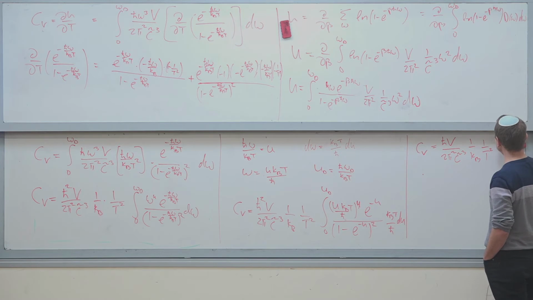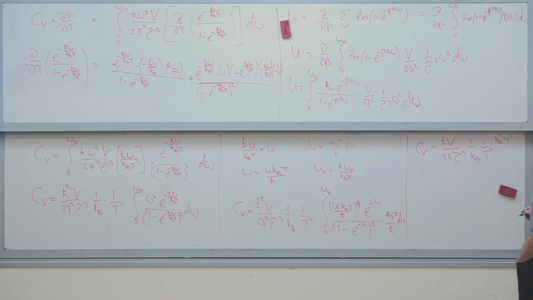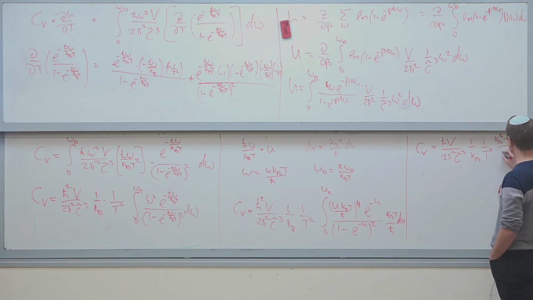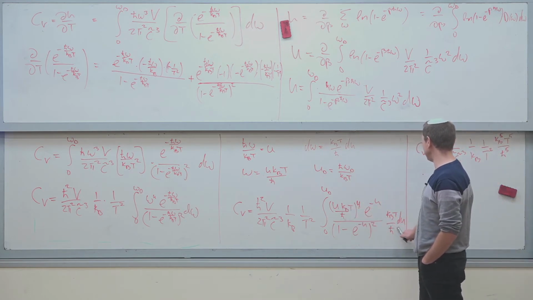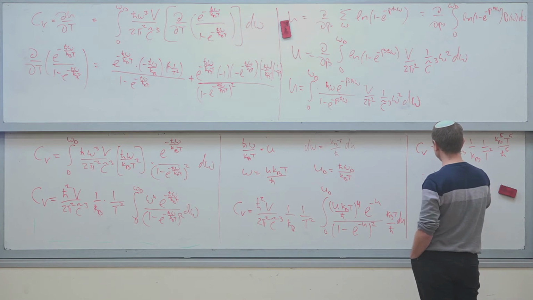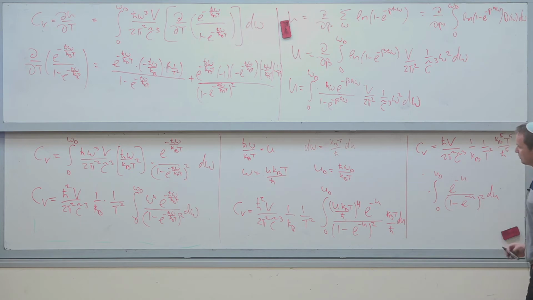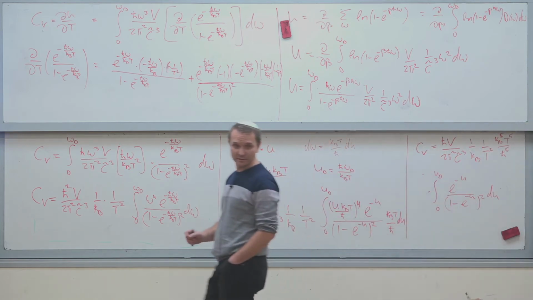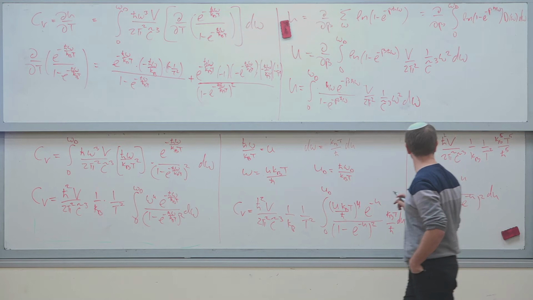Here we have k Boltzmann to the fourth, T to the fourth, h bar to the fifth, multiplied by an integral from 0 to u Debye of e to the minus u divided by 1 minus e to the minus u, squared, du. Oh, this is already nice.